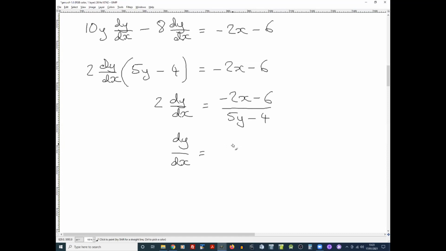You can just put minus 2x minus 6 over 10y minus 8. Yeah, you could. It's not a step backwards exactly, because then you would see that you could simplify it further from there. But wouldn't it be easier to simplify straight away?